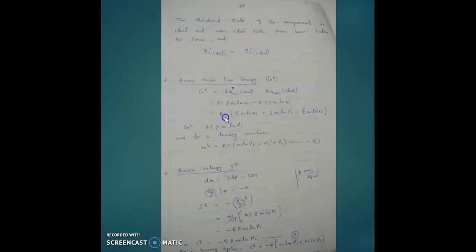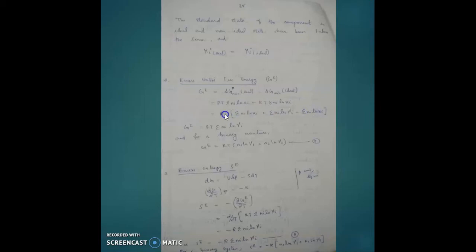Let us take this RT outside because it is a constant, a common factor. So RT into sigma Ni ln Ai. This Ai can be substituted by Xi gamma i, right, as we did earlier. So we get sigma Ni ln Xi plus sigma Ni ln gamma i, and now we have to write this term minus sigma Ni ln Xi.